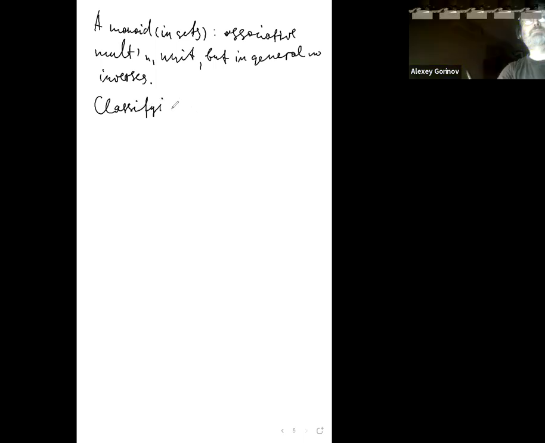If we have a topology on the monoid and the multiplication is continuous, we have a topological monoid.